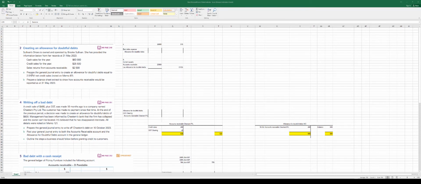In part A, they're asking us to prepare the general journal entry to create an allowance for doubtful debts equal to 2.5% of net credit sales. This is very important because some students might mistake the credit sales with the net credit sales. So what does it mean by net credit sales?